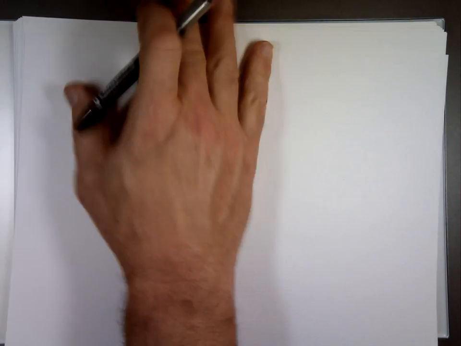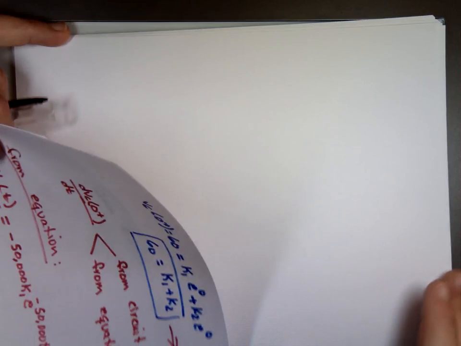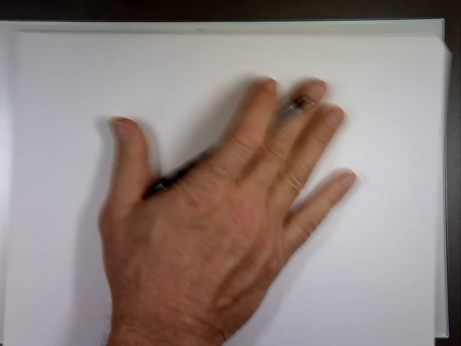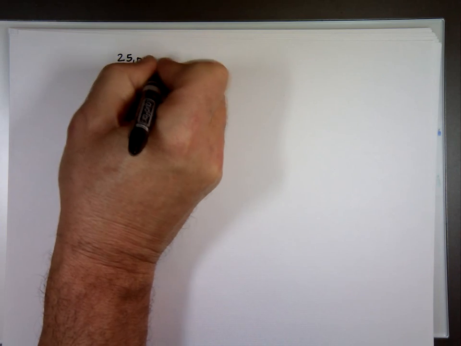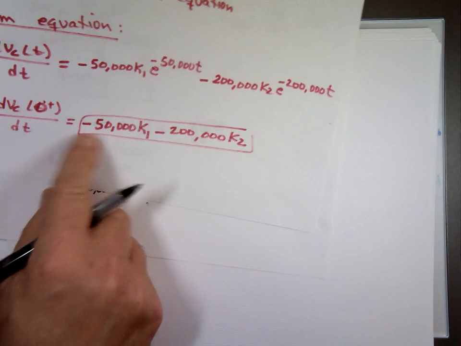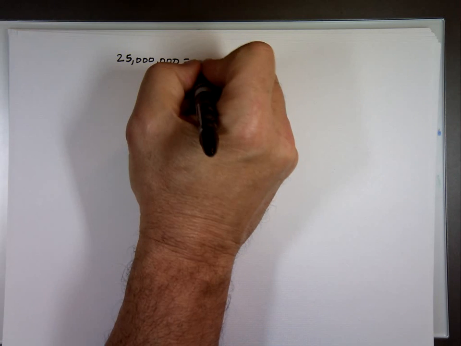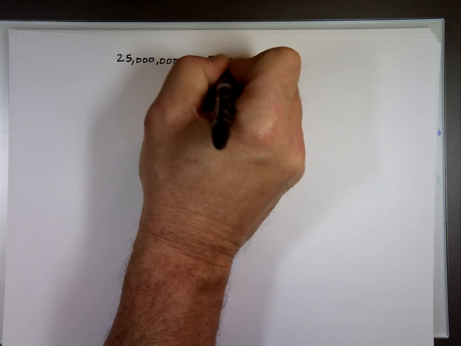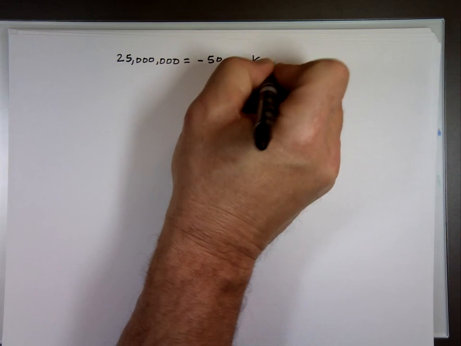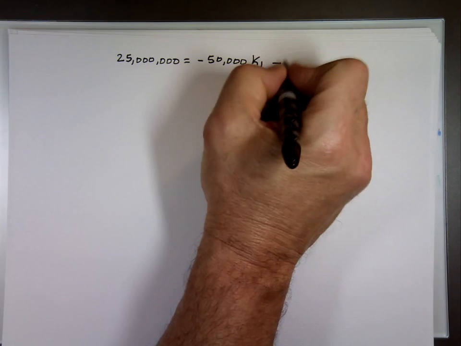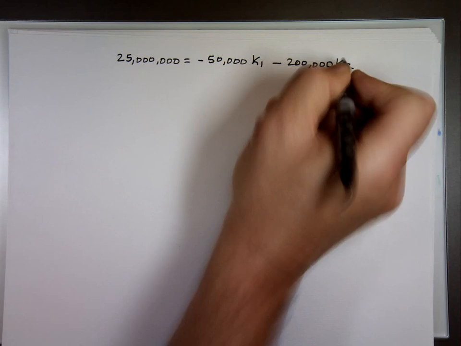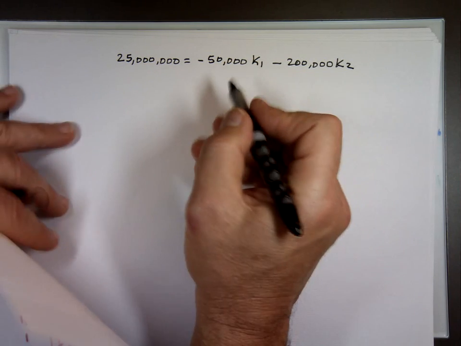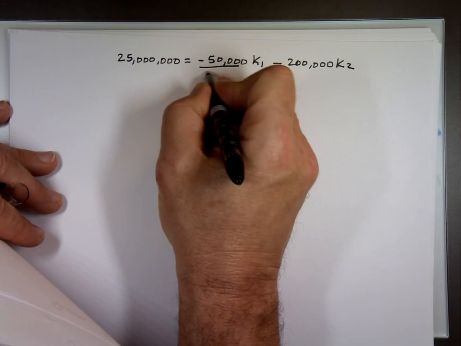So 25 million equals negative 50,000 K1 minus 200,000 K2. Let's divide everything by negative 50,000 to shrink the numbers.